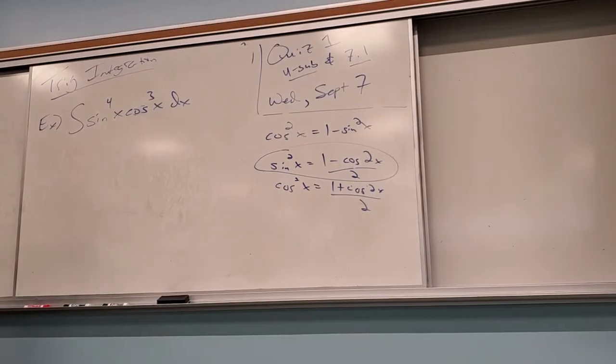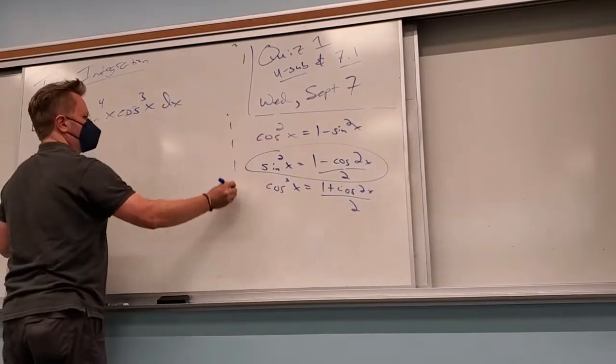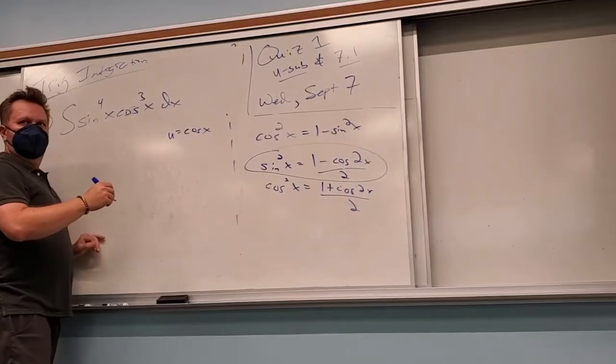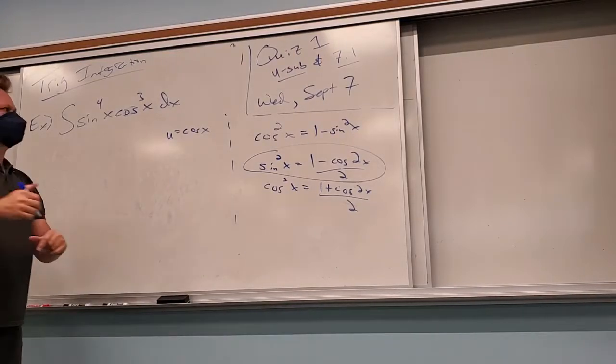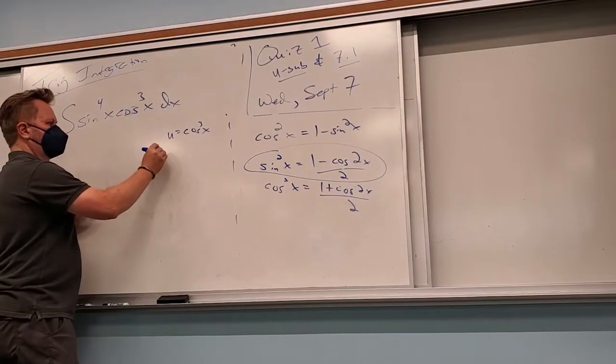Okay, so let's try this. If I let u equal cosine x, I don't want to let u equal cosine cubed. What would happen if I let u equal cosine cubed? It might work, but it gets a little weird. If I let u equal cosine cubed, what would that derivative be?